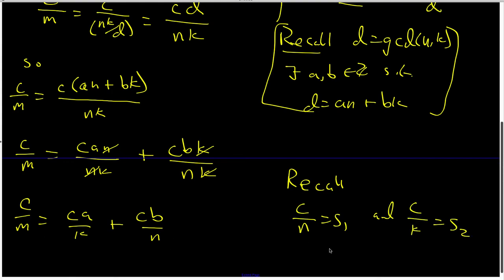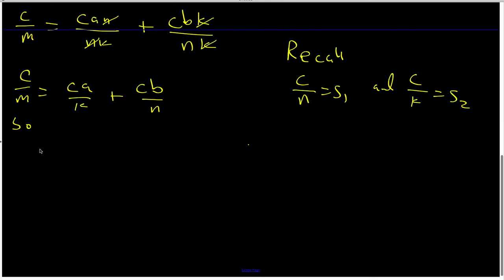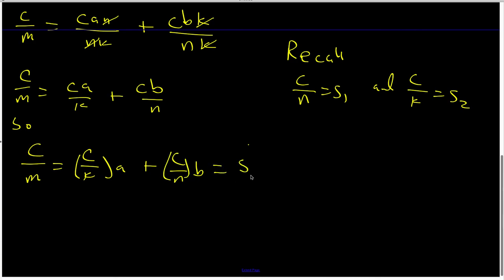And so we can rewrite this very, very quickly as follows. c divided by m is now c over k times a plus c over n times b, and that is s2 times a plus s1 times b, and that is an integer.